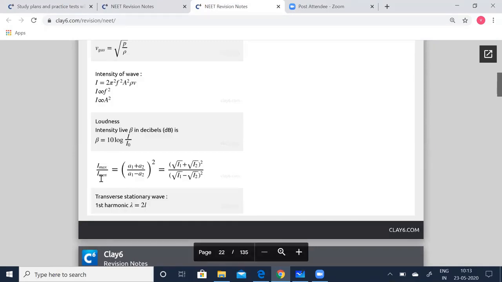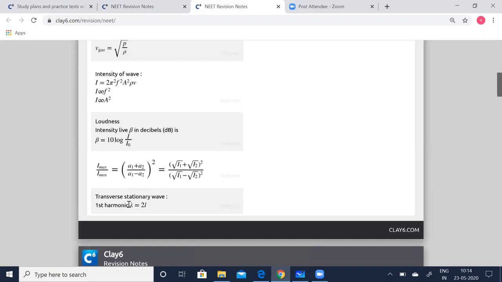So for I max by I min, the ratio of maximum intensity to minimum intensity is equal to (A1 plus A2) by (A1 minus A2) the whole squared, or you can put it as (root of I1 plus root of I2) the whole squared divided by (root of I1 minus root of I2) the whole squared, because A squared is proportional to I, so A is proportional to root of I. That is what we are substituting here.